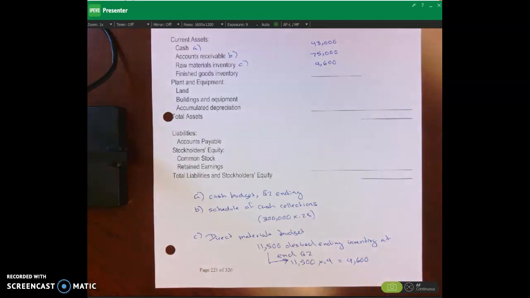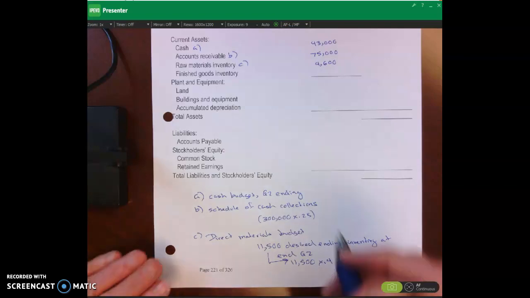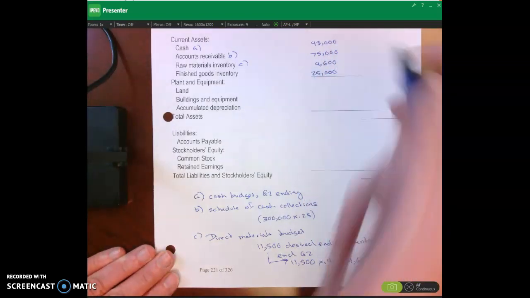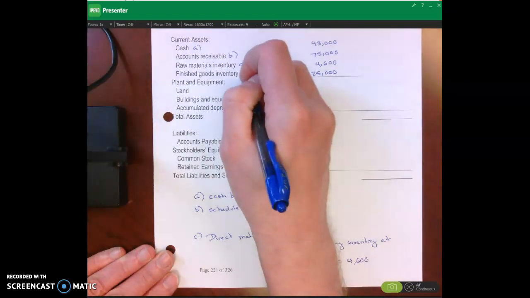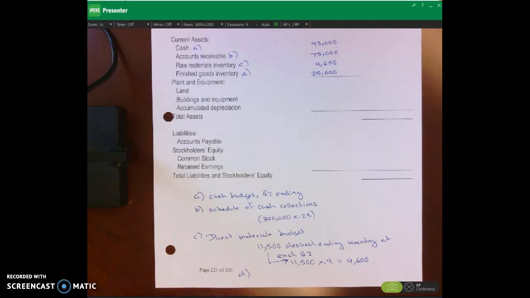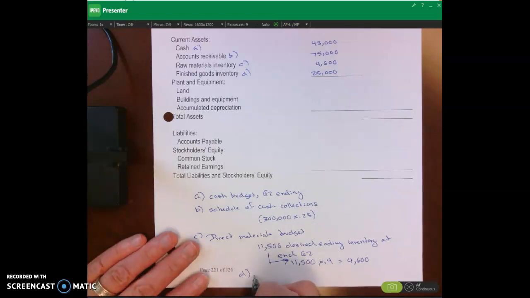Okay. And then our finished goods inventory, we calculated out at 25,000, and I'll put a D there. And the way we got that was from our finished goods inventory budget, or I'll call it my ending inventory budget.